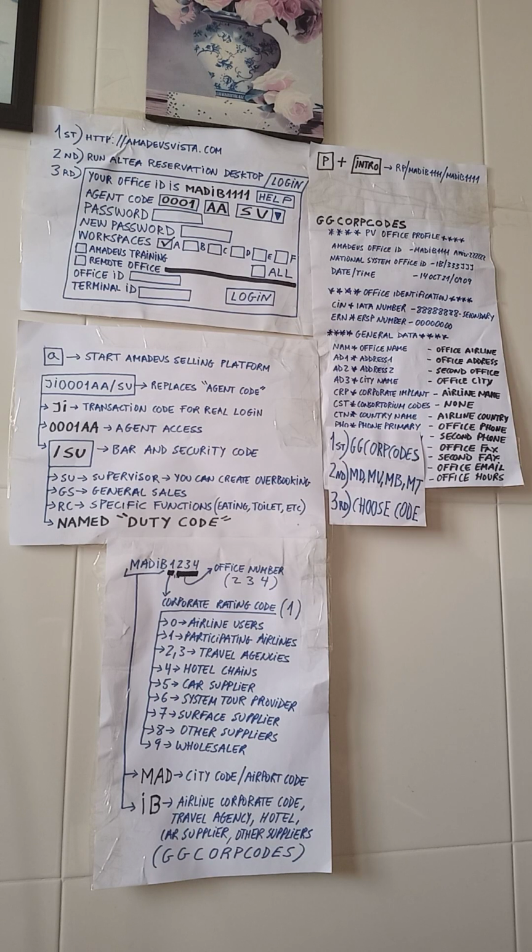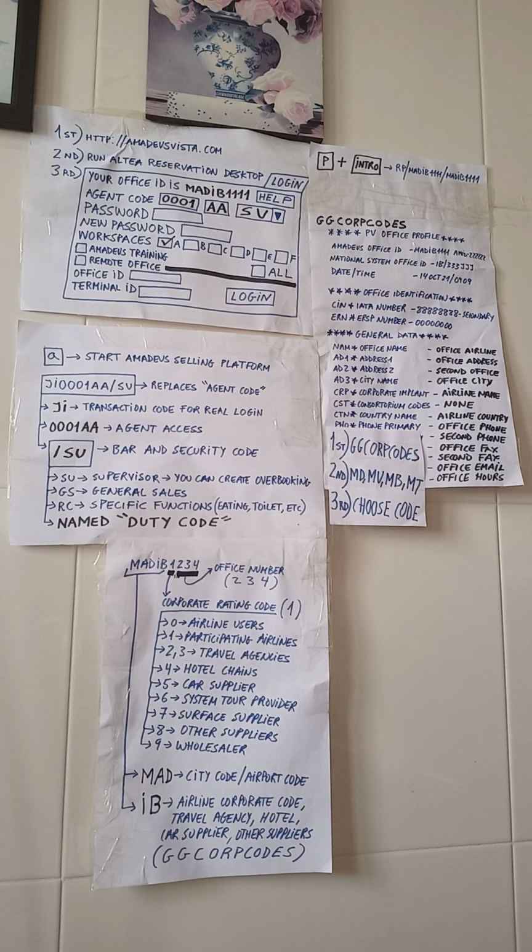The office ID also can be called RP, and here we have a specific folio about the office ID, but I am going to continue with the graphical folio, I mean this folio. After I finish with this folio, I will continue speaking about the office ID.